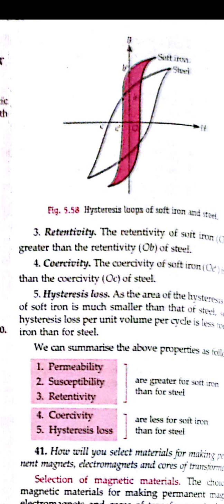Retentivity was also low, and for the hard material it was high. The hysteresis loop loss was high for the soft iron and low for the hard ferromagnetic material. And if we talk about permeability, it is greater for the soft iron than for the steel. Coercivity is also less, so there are small differences between these.